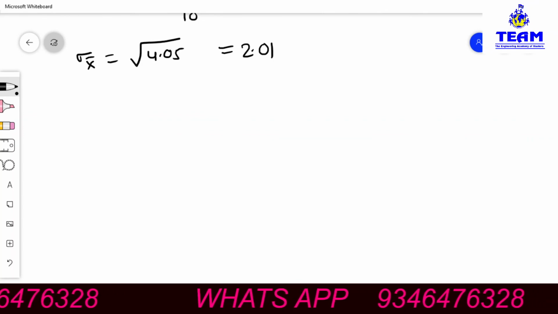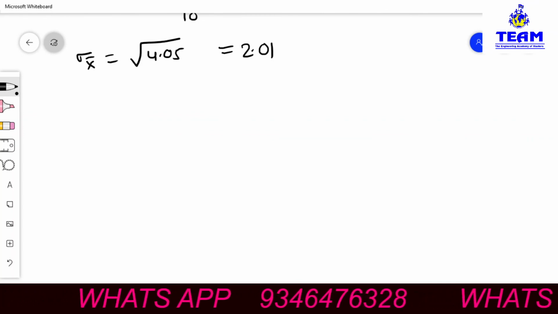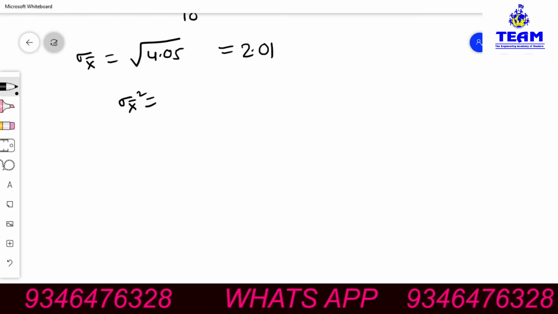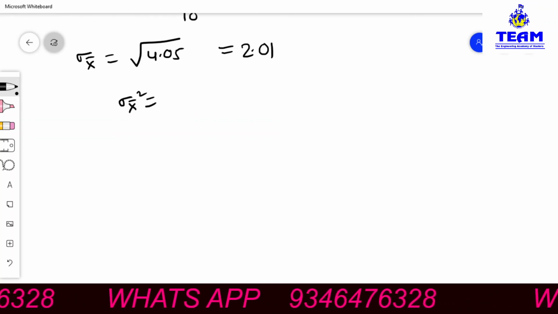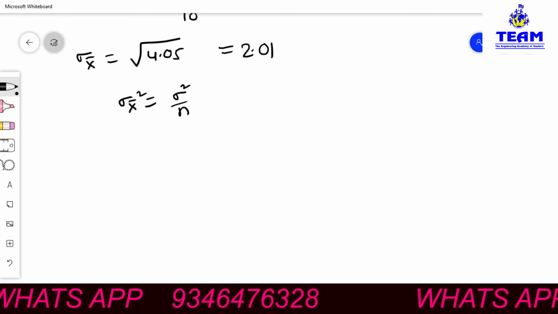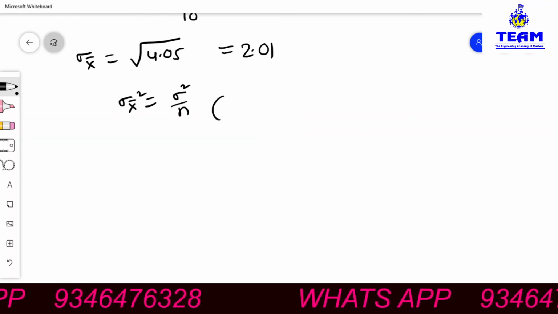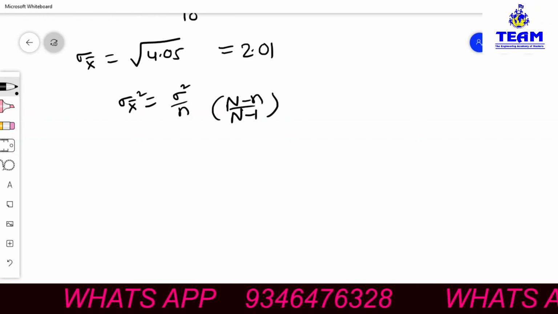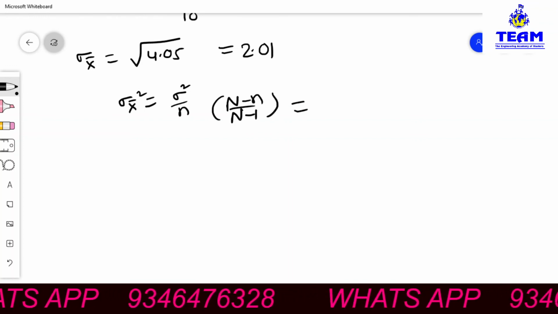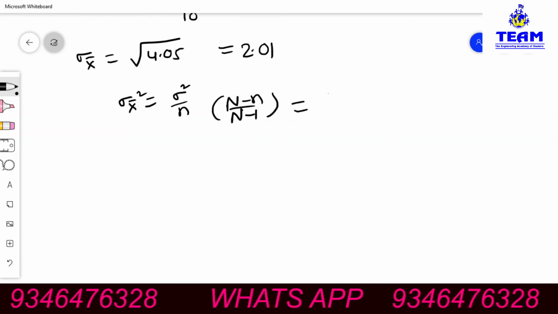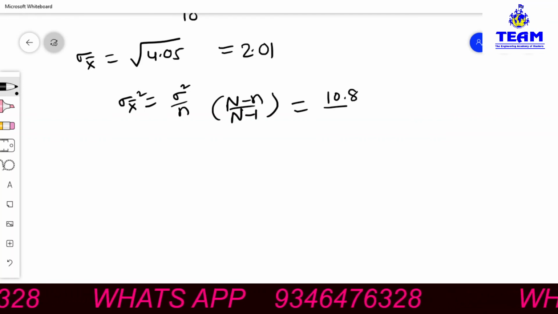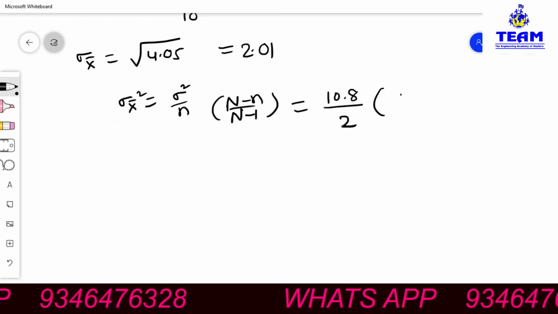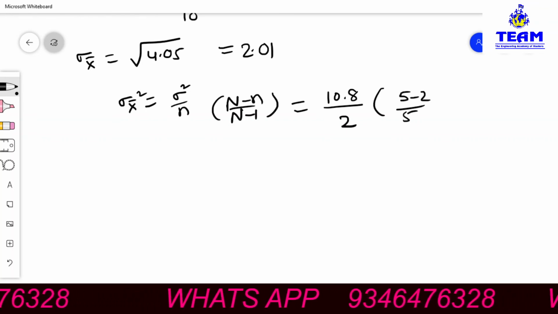Which shows that sigma x bar square equals sigma square by n times (N minus n) by (N minus 1), which equals 10.8 by 2 times (5 minus 2) by (5 minus 1).